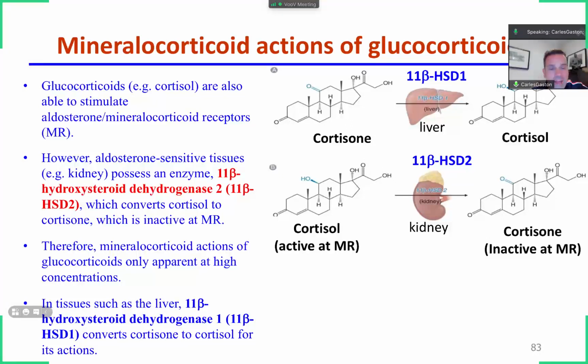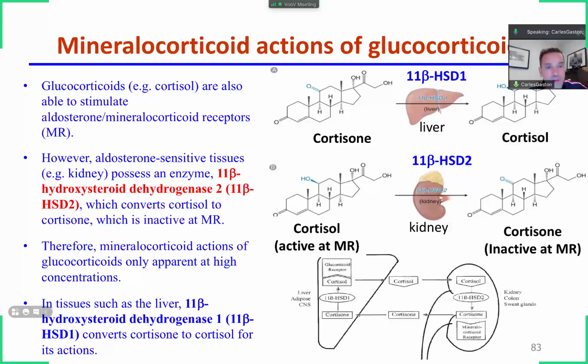So this enzyme is in the liver and will produce excess of cortisol. So this is just to see the two modes of action, where kidney produces cortisone from cortisol and liver produces cortisol from cortisone.